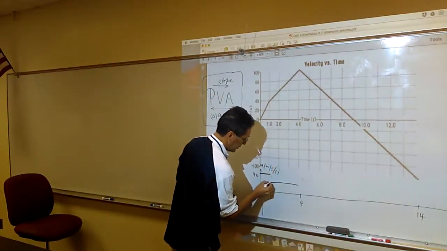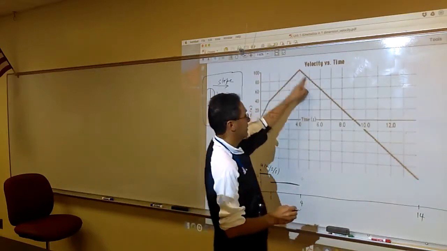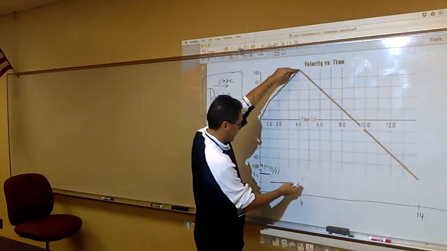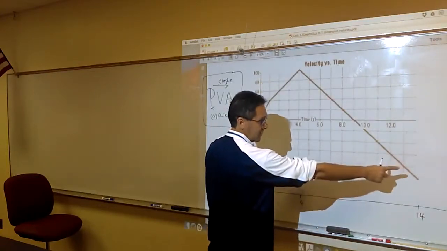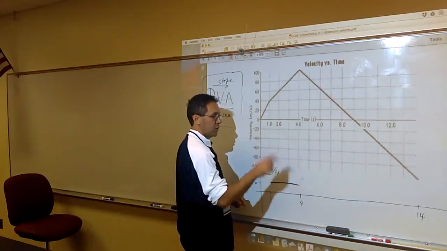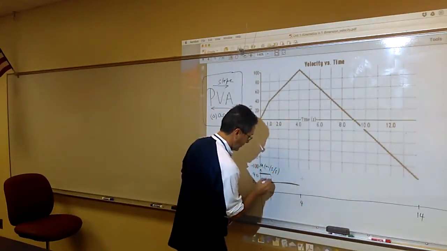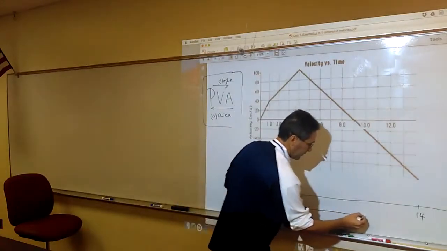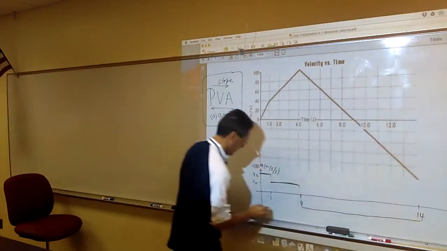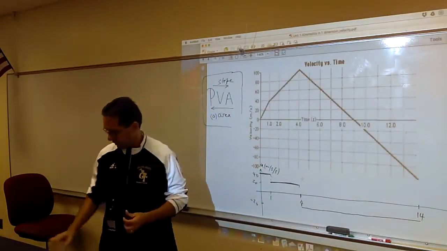And then here it's going to be a drop of 200, and it's going to take from 4 to 14, 10 seconds to do that. So 200 over 10, that's 20, but it's a negative 20. And this is negative 20. That's that. Pretty simple, right? Okay.